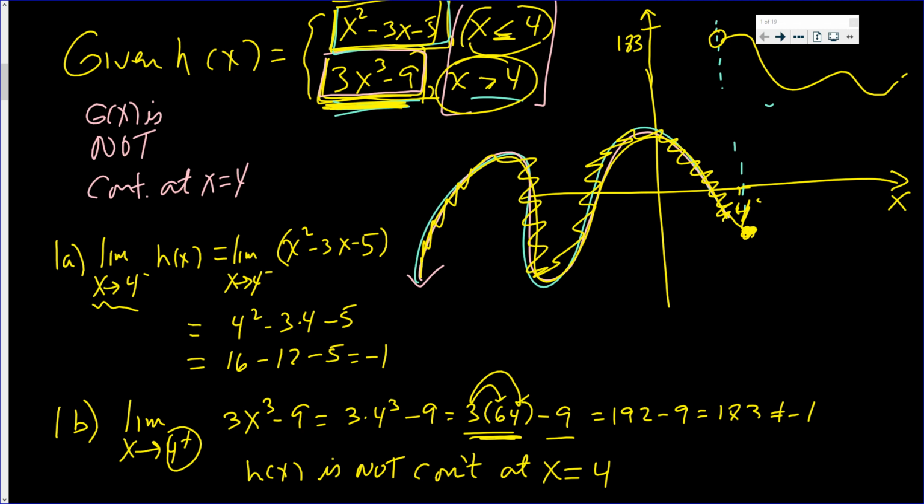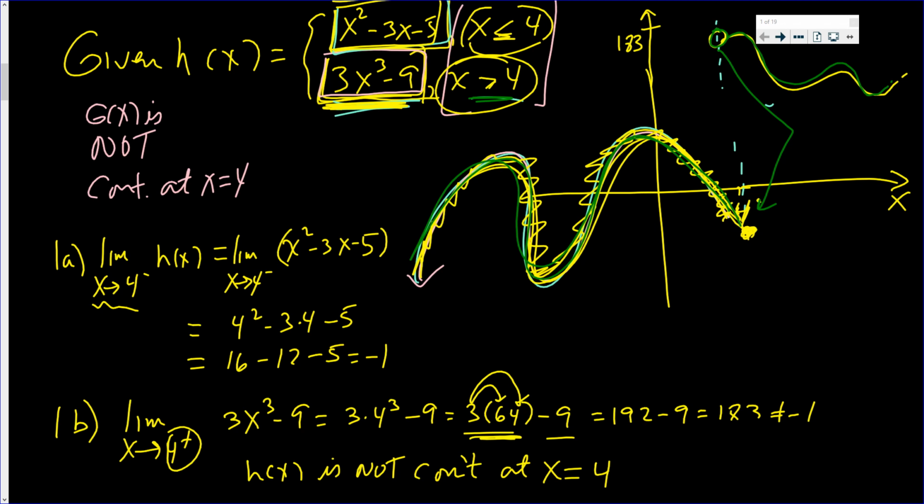Although this portion right here is continuous on its domain, less than or equal to 4, and this function, being a polynomial, is continuous on its domain, x bigger than 4. If these two points are in the same place, you got it. It's continuous. And it's defined at 4.